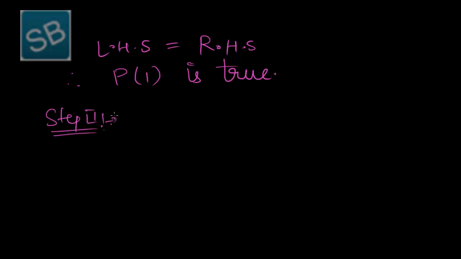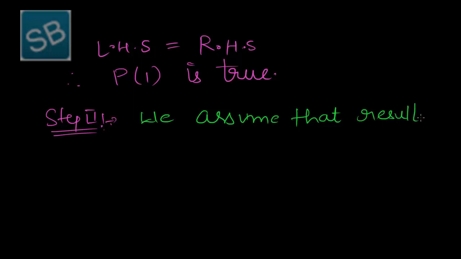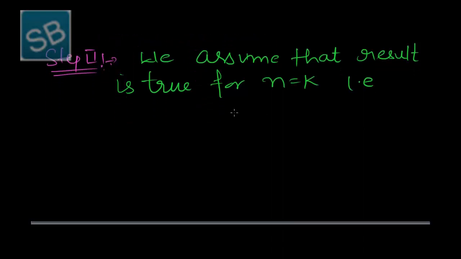Now we are familiar with step 2. We assume that the result is true for n equal to k. So we will replace n by k in the left hand side and right hand side.